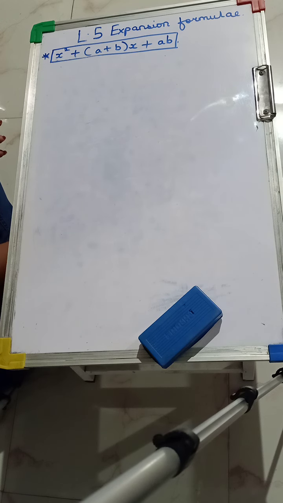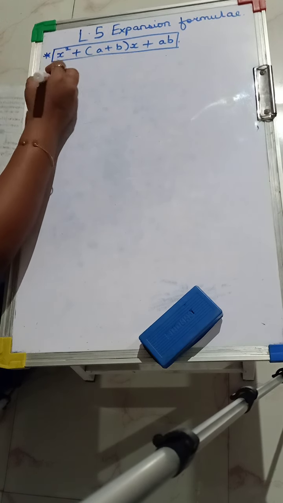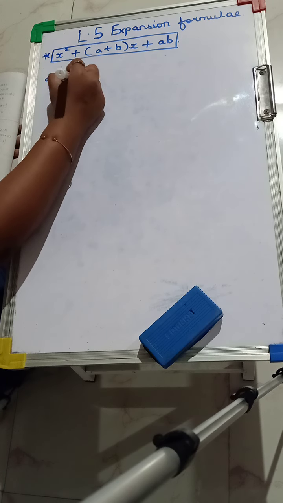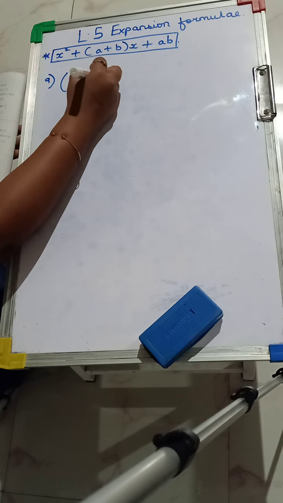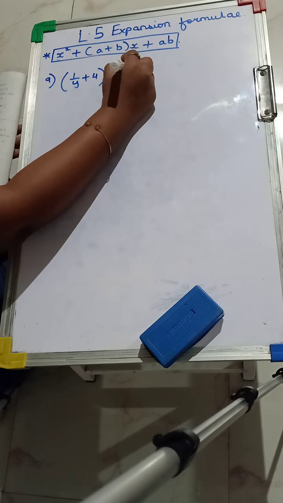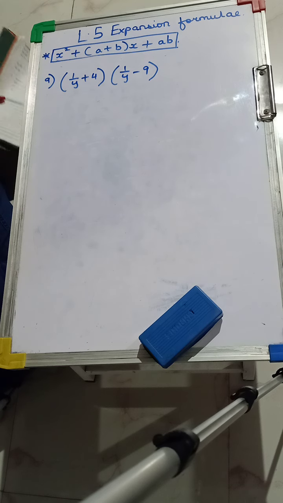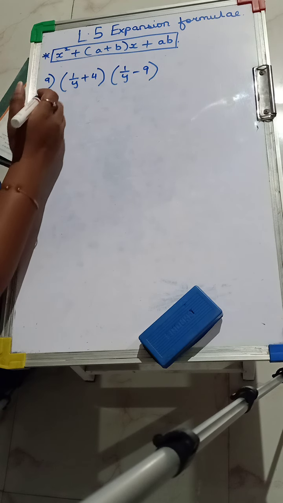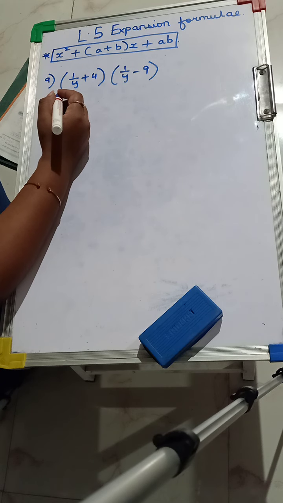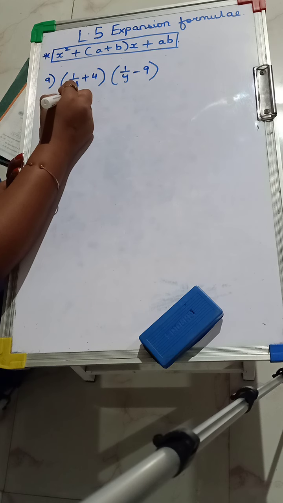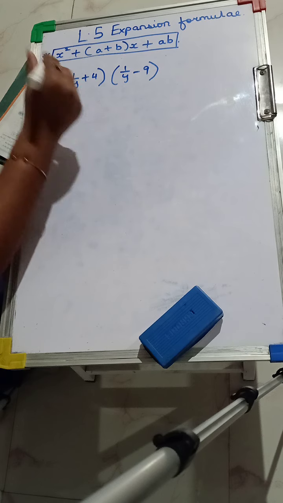So the ninth sum is 1 upon y plus 4 and 1 upon y minus 9. Okay, this is the sum. Now here x square is 1 upon y, so your 1 upon y is your x square. So 1 upon y square it is.